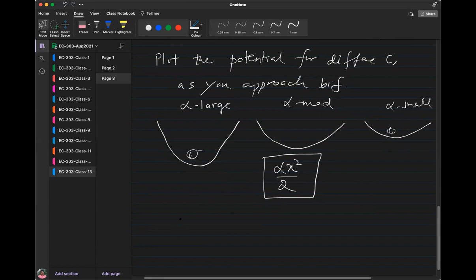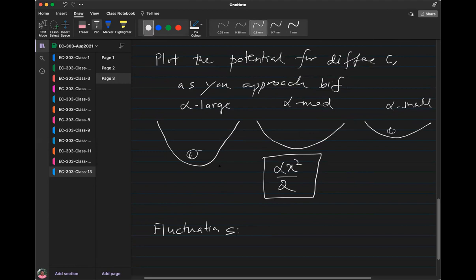What do you think will be the impact on the fluctuations? When alpha is small, the ball can roll out of the minimum value. Assume that it's sufficiently wide also. Don't worry about the width of it. Okay.